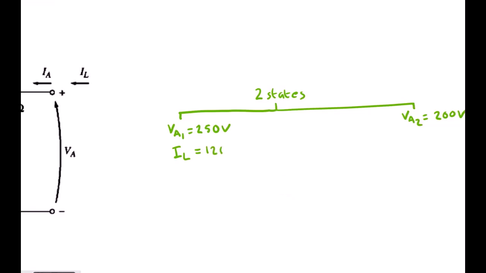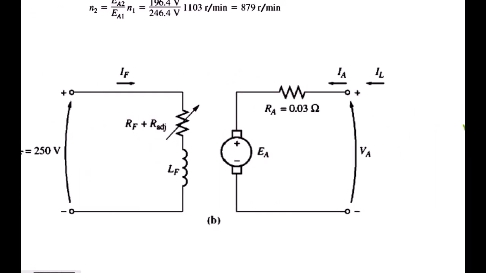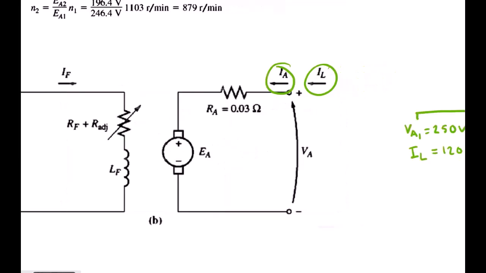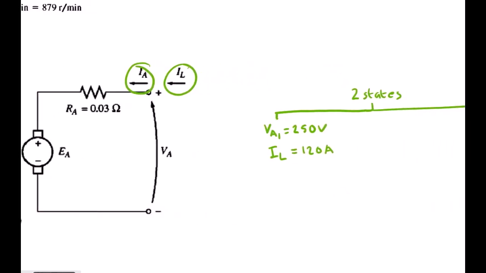And if you look at this equivalent circuit, IL is actually in this case equal to IA, or the armature current. So the line current is the same as the armature current. So IA1 is equal to IL1, which is equal to 120 amps.